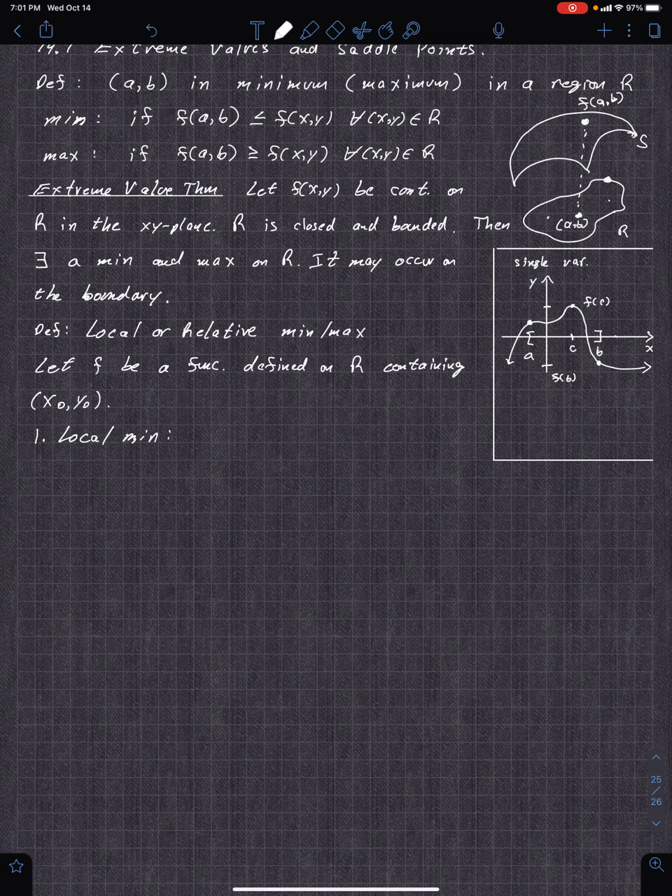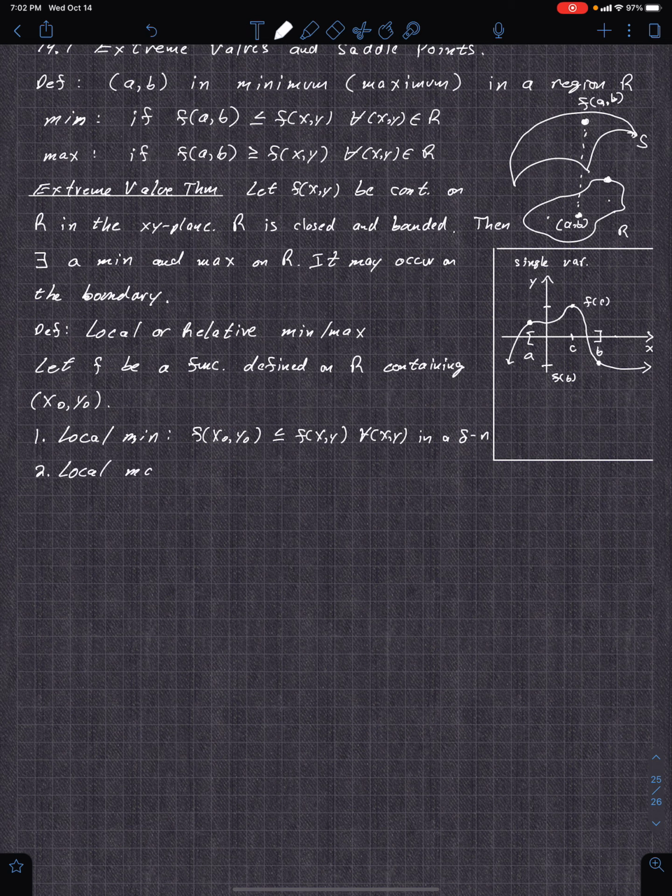So you say f of x naught, y naught is less than or equal to f of x, y for all x, y in a delta neighborhood. Remember the abbreviation for delta neighborhood? And it's open, right? A delta neighborhood is an open circle, basically.